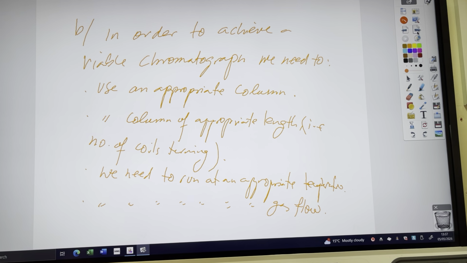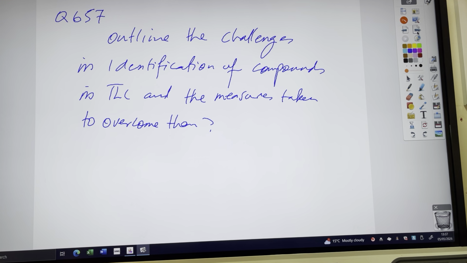And these questions, generally speaking, we are looking at north of 5-6 marks. Chromatography is something we did right at the end. So challenges or difficulties with TLC.